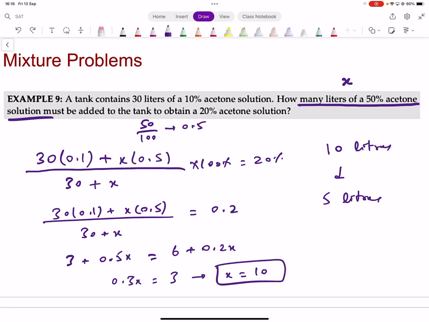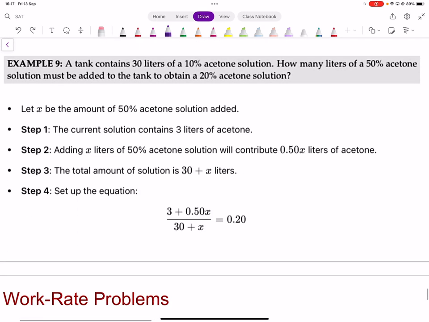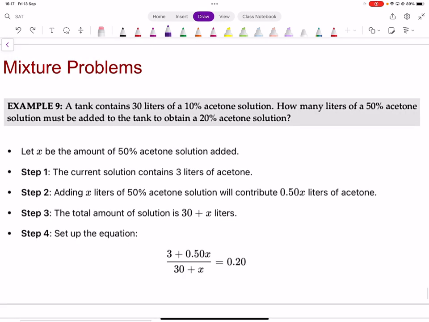Now you'll see exactly the same problem with numbers changed in past papers again and again. This is how you would approach this. No problem? Sorry, yes?